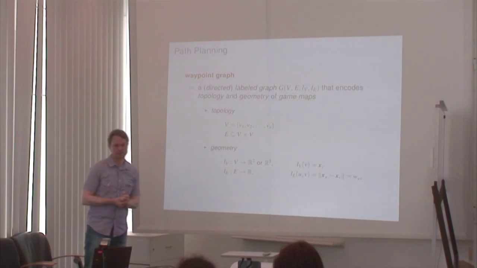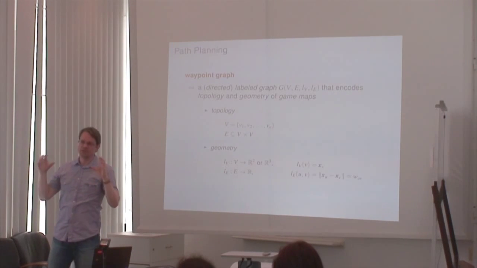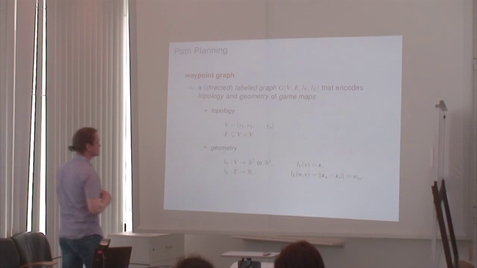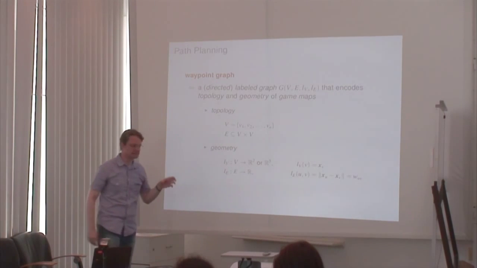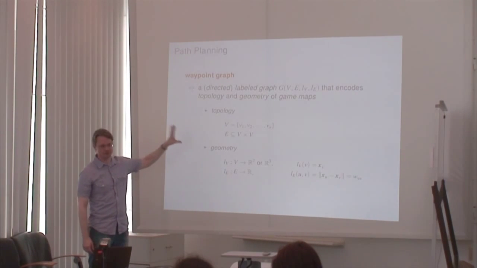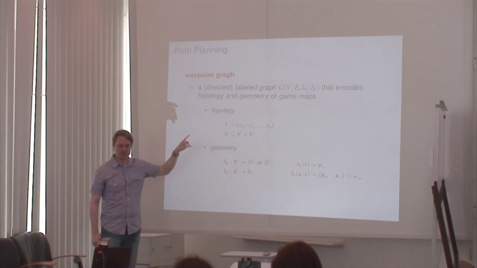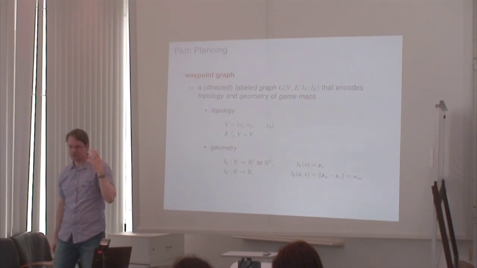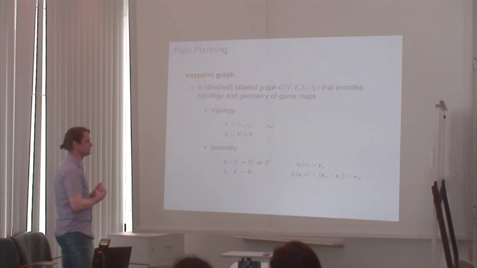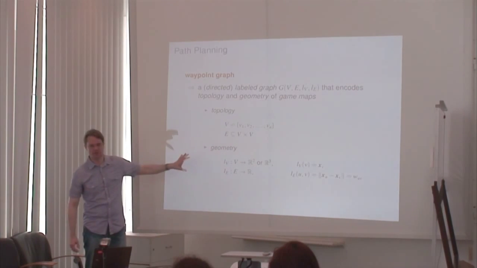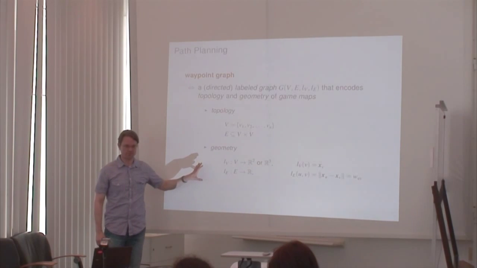game maps. And now that we have had a very coarse and rough look at the notions of topology and geometry, we can carefully deduce that the topology of the map is encoded using the vertices and the edges, whereas the geometry of this game world or game map is indeed represented using the labeling functions.